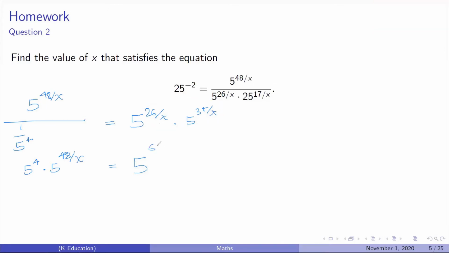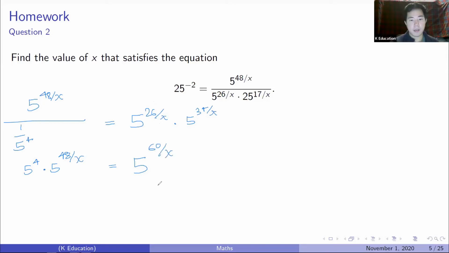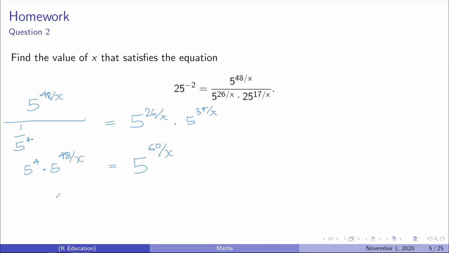Yeah, 60 over x. Okay, and what's your next step? Then you divide 12 by x, and that equals 4. So then x equals 3.